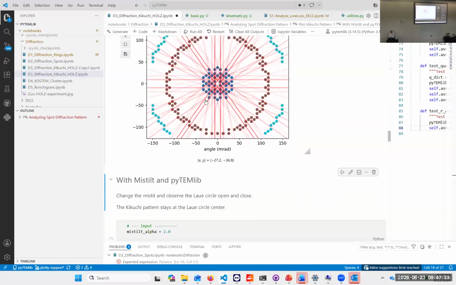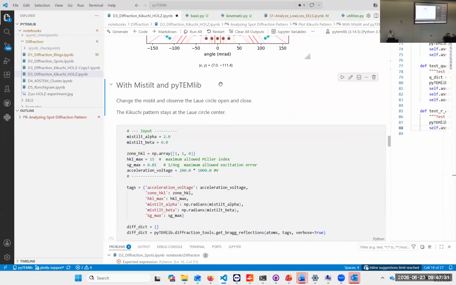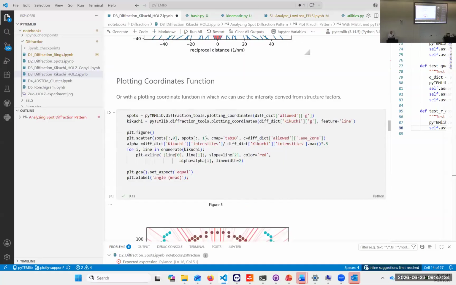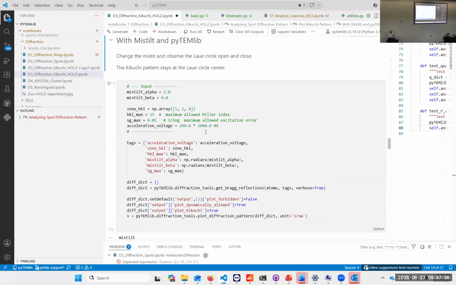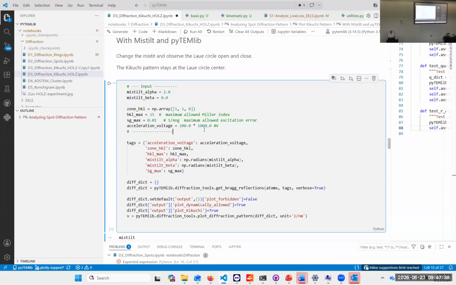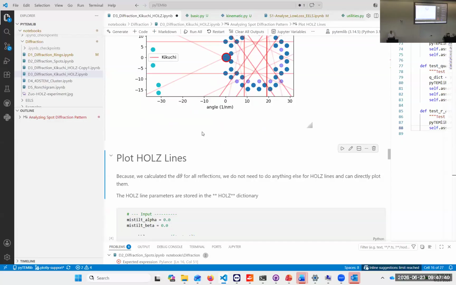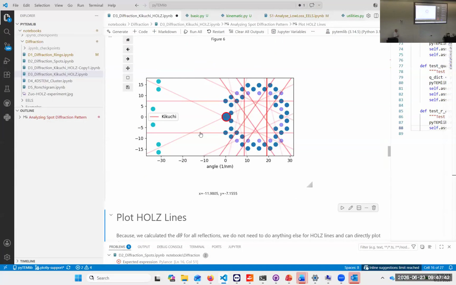And so we get the whole picture here in one zone axis direction. And the beauty of the Kikuchi lines is that they are directly associated with the crystal.